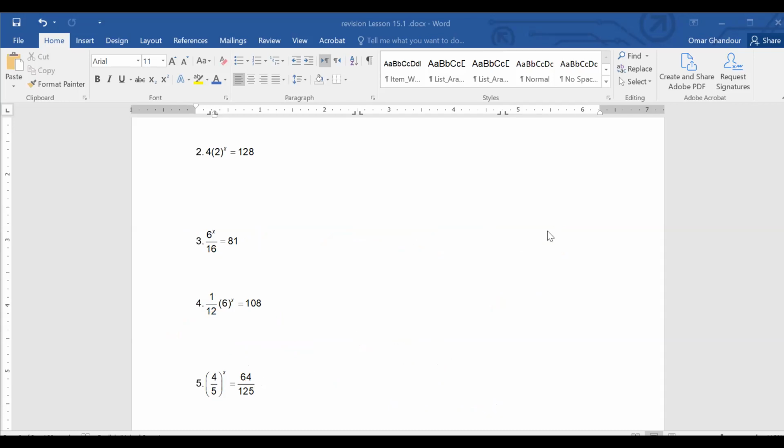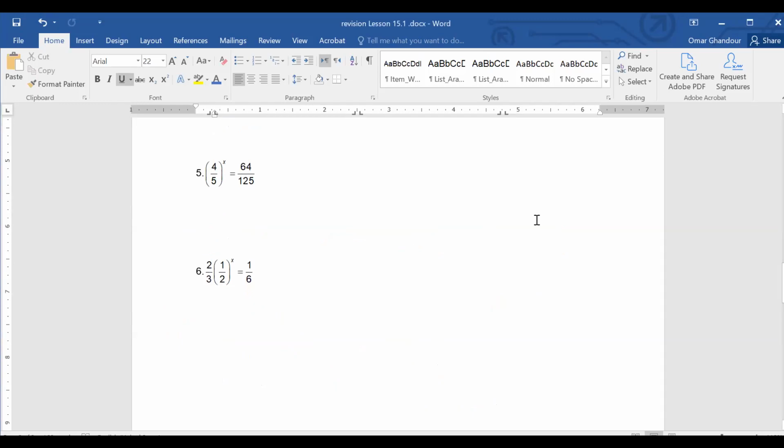We still have question 6 in here. Okay, let's do it. Since I have a fraction, to get rid of the fraction, as we said, I have to multiply with the reciprocal. So this is what I'm going to do. What is the reciprocal of 2 over 3?